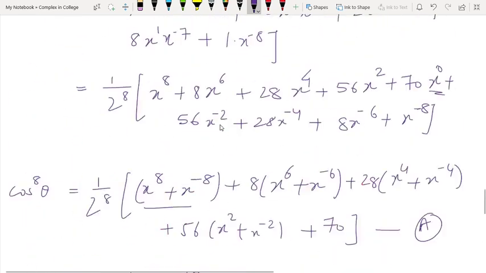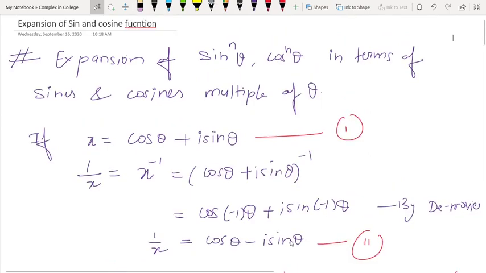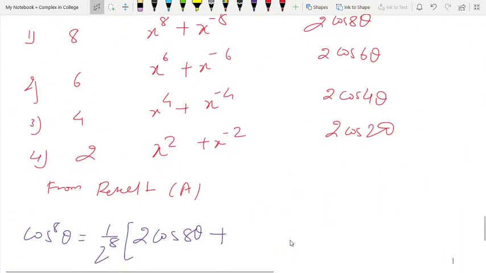Next we have plus over there. Plus with 8. So there we need to write 8 first. Then for the power 6, we need to write the cosine trigonometric term. So first we need to write 8 there, then in bracket 2 cos 6 theta.